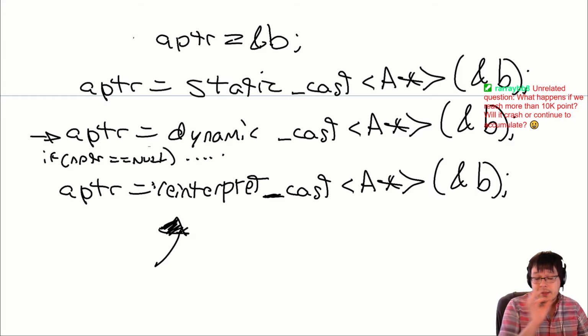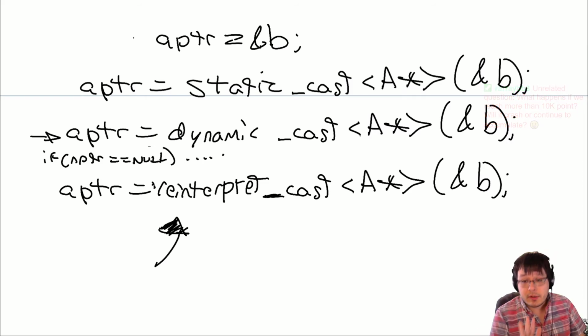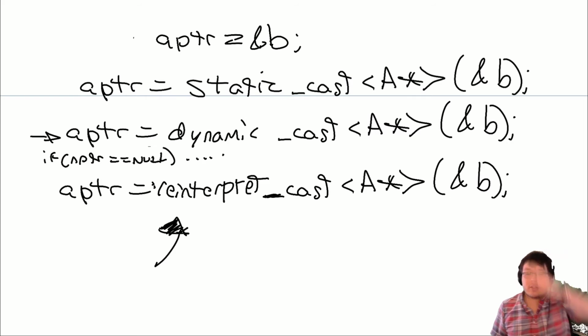Dynamic cast, as the name dynamic implies, just like with dynamic binding, means that checks are done at runtime. So in addition to the static cast checks, the compile time checks, it will have extra checks at runtime that ensure the downcasting you're doing is okay, or any other sort of casting you do, but typically it will be downcasting. If you have a dog which you cast to an animal, and then you try to cast it back to a dog, that's okay.